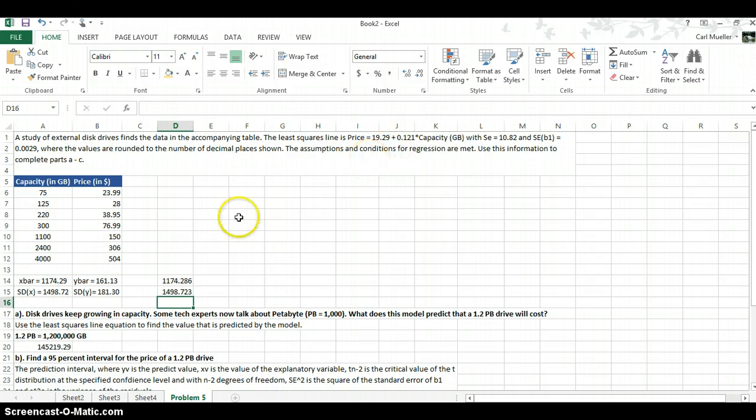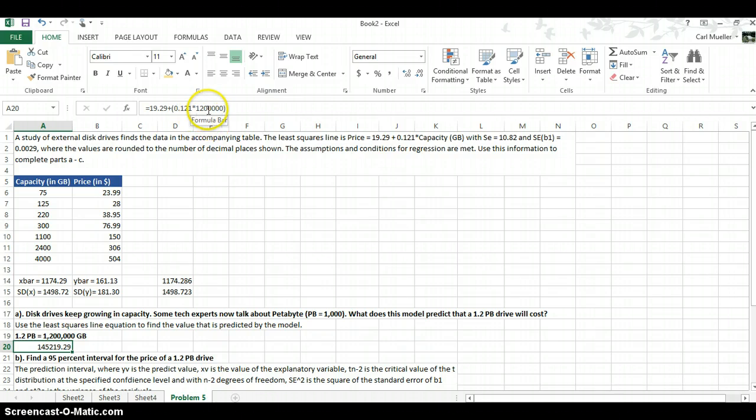Why do we need to convert? Well, they give us 1.2 petabytes, but just like in algebra, we have to convert because our equation is in gigabytes. If we don't account for that, we can have serious issues with losing a decimal place, and a decimal place is very important because we're talking about memory size and cost. So as you can see with the conversion, the formula is 19.29 plus the product of 0.121 times the capacity.